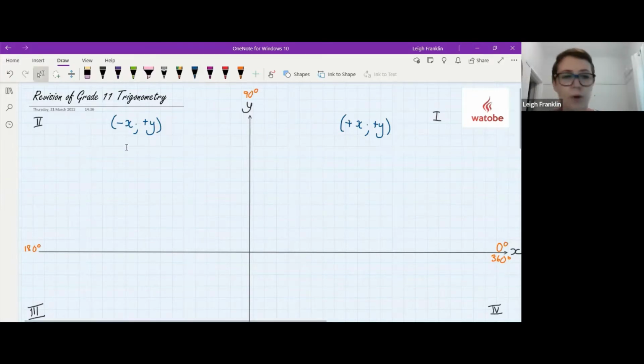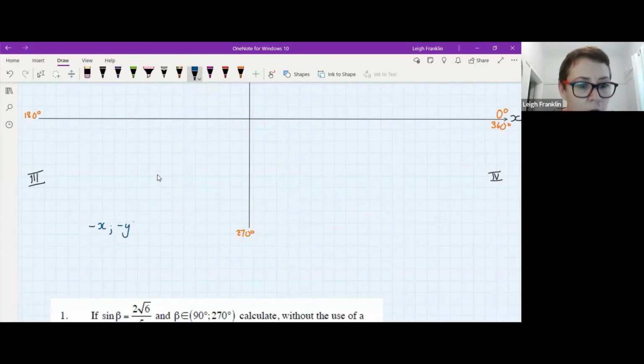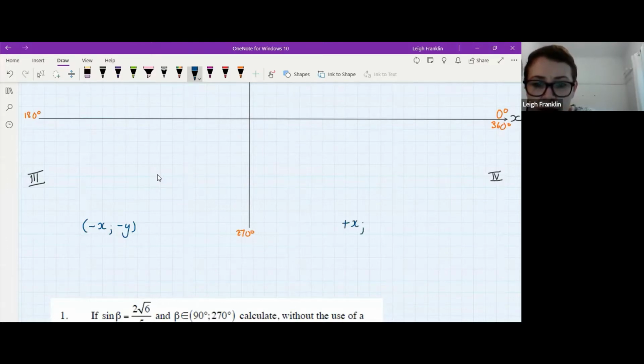Now we're going to pop down into quadrant number 3. And here we find that both x and y are negative. And when we eventually get into quadrant number 4, we find that x becomes positive again and y remains negative.